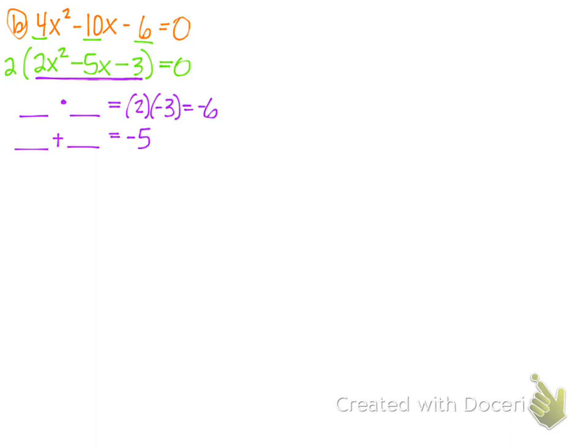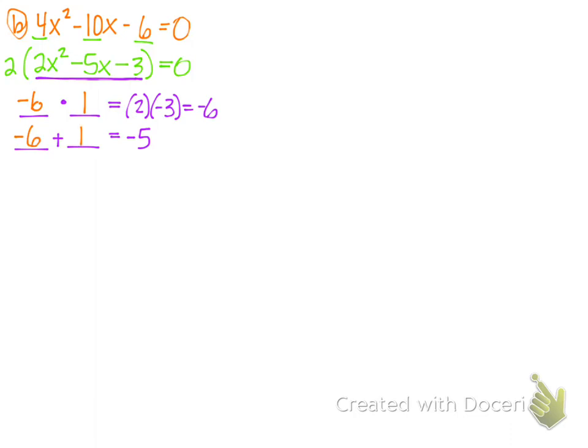So here's where we got to think. We're adding to a negative, but we're also multiplying to a negative, so we need one term to be negative and one term to be positive. So after we think about it, let's see. We can fill out negative 6 and positive 1. Remember, if you put it in the first blanks, you got to put it in the second blanks.